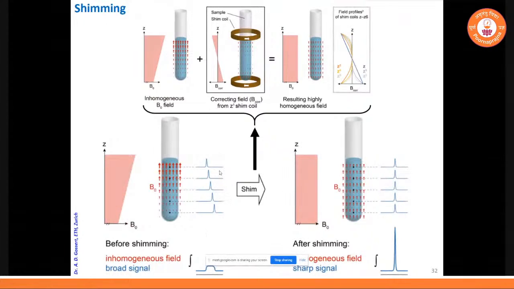Now what happens? Our whole aim in NMR is to have a homogeneous magnetic field across this sample volume. If the magnetic field is not homogeneous, then within the sample we'll get different frequencies for different parts of the nuclei in the sample, because they experience different magnetic fields. That we don't want. We have to get different frequencies based on molecular environment, not because of sample inhomogeneity.